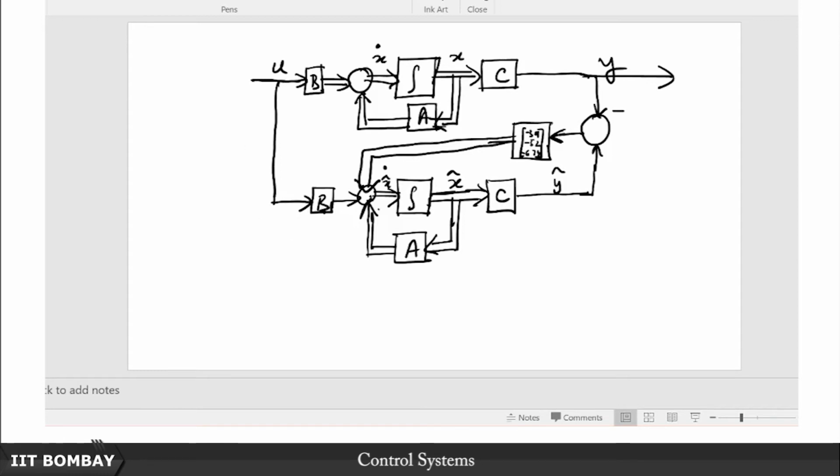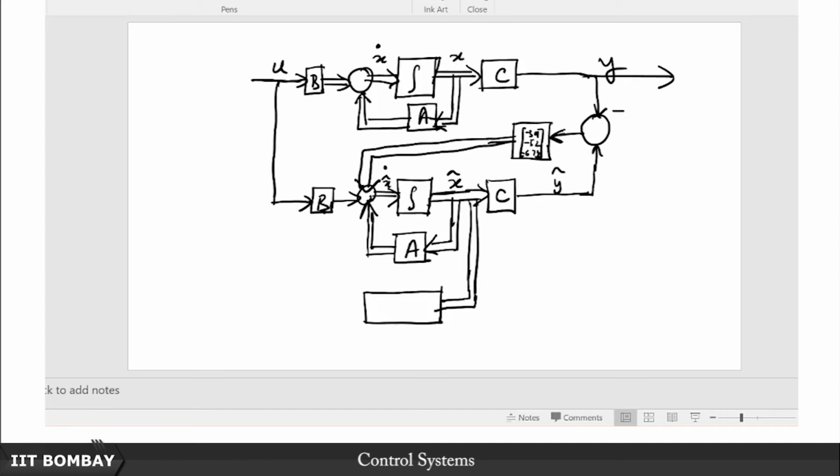But what is this U? Now we are going to tap out of here. This is going to be the controller. This x hat is being taken out through here, and then we have this K, which is again something I obtained in the previous lecture.